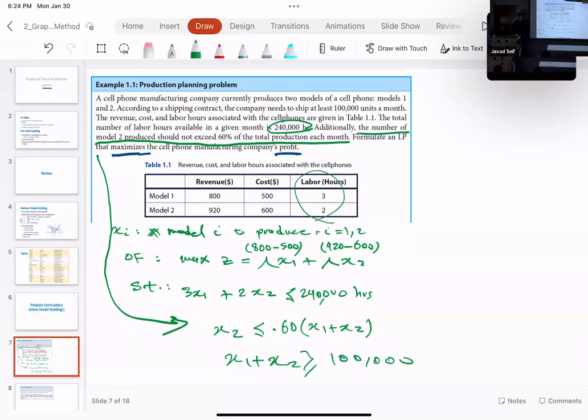Depends. If the problem says so, then we have the liberty of producing less, as the number is not stated. The liberty, though, if you're talking about liberty, I want to maximize. So the more I produce, the better. So shouldn't I just produce 100,000? In that case, we can. Maybe this constraint on the labor doesn't allow that much.